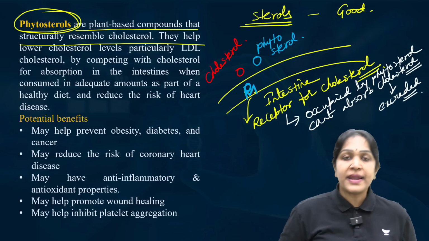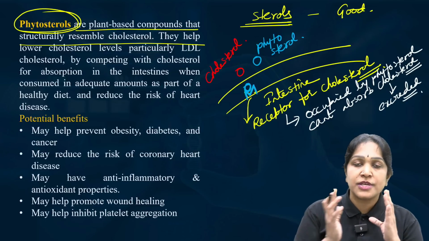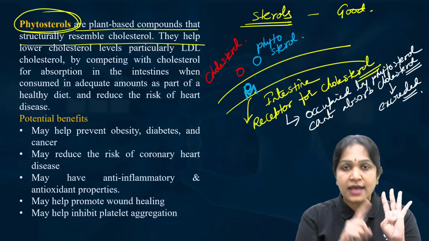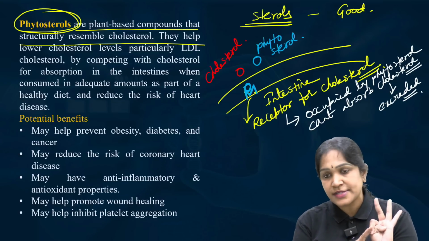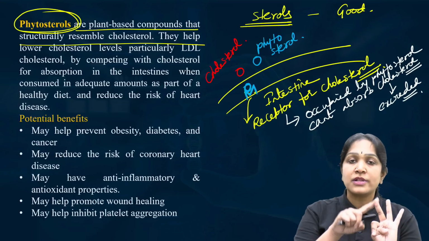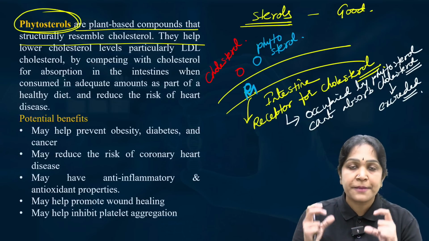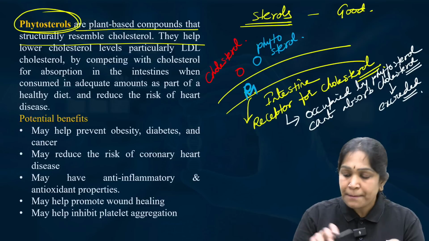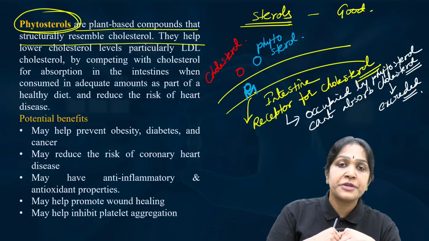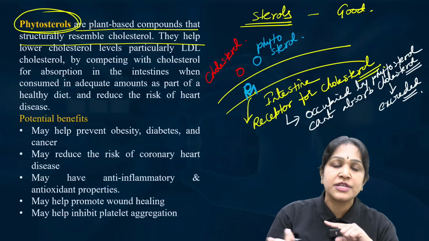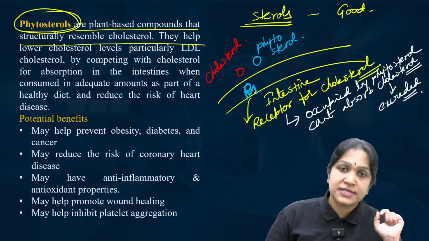I repeat, phytosterols are the sterols found in the plants. They are good for us, healthy for us. Reason is phytosterols resemble the cholesterol. In our intestine we have receptors for the cholesterol, but because the phytosterols very much resemble the cholesterol, the phytosterols will bind to these receptors.